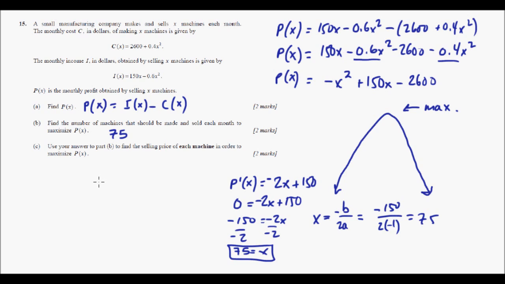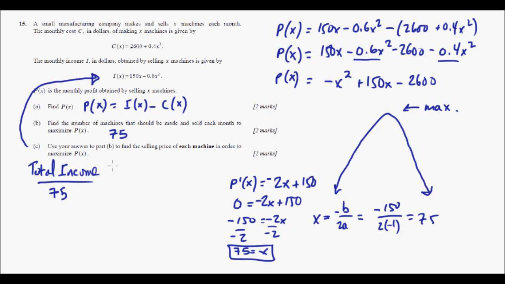In order to find the selling price of each machine, what we need to do is find the total income, the amount of money they get from selling 75, and then divide it by 75. We gave this on a test, this problem, and it didn't go very well. I'm going to be honest with you. So you have to sub 75 into here.